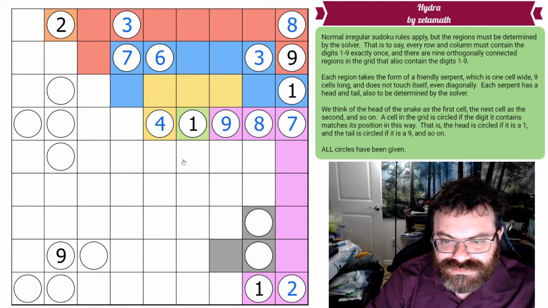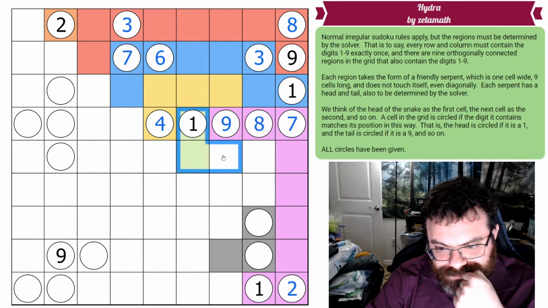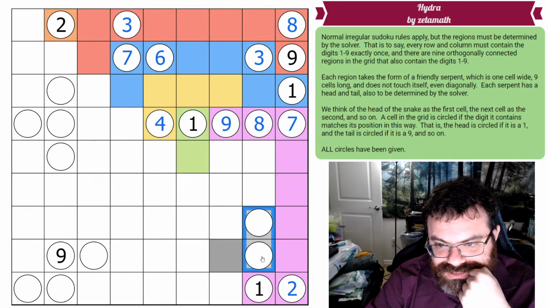Green has to come out. I like the look of this, but this would be 6, 7.